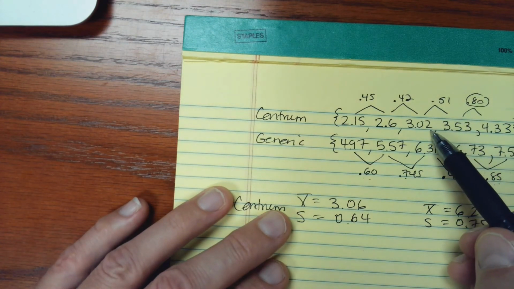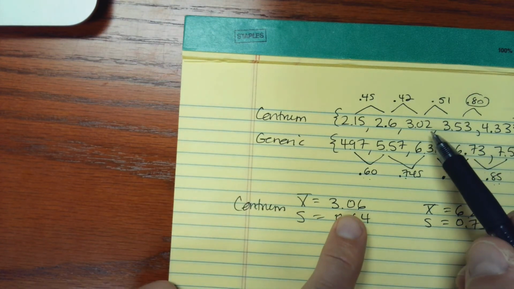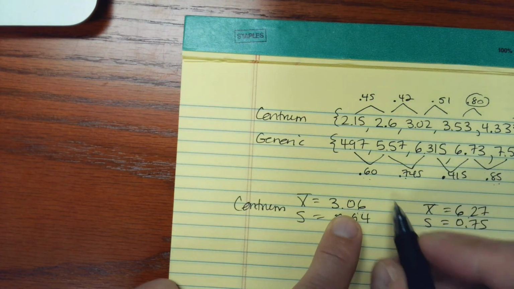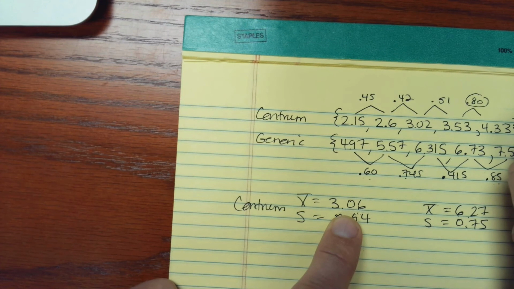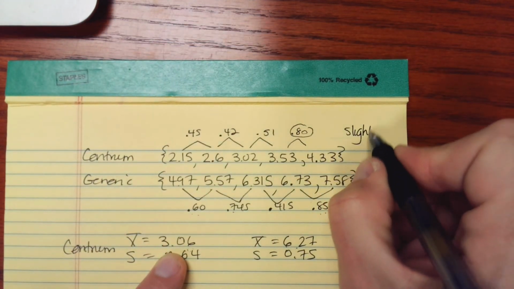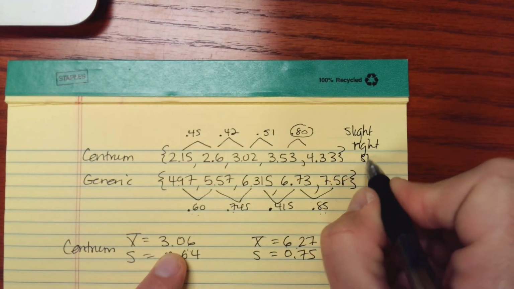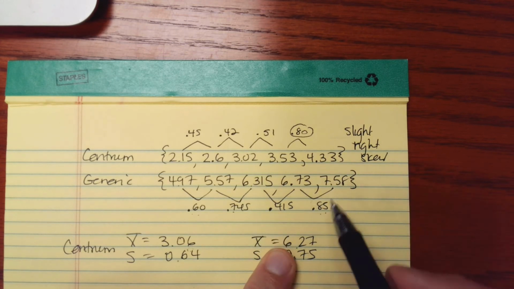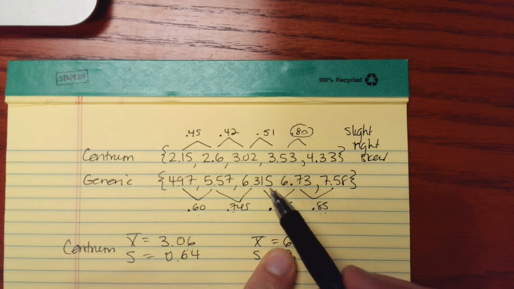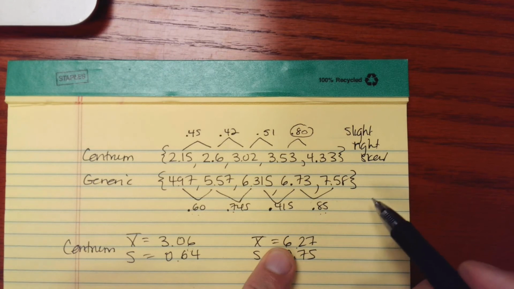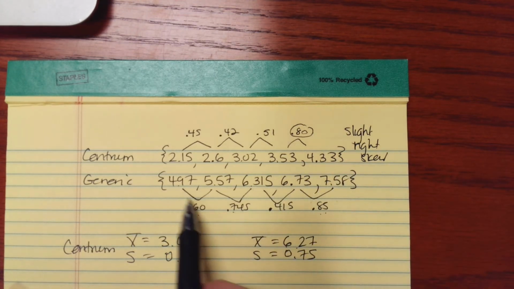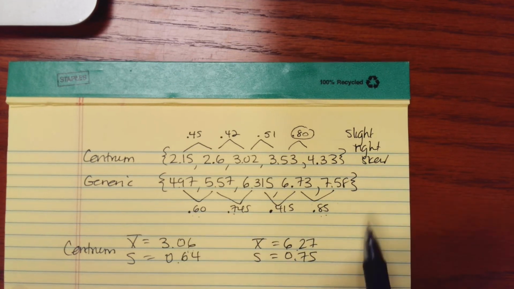So notice actually in the first data set, the mean is a little bit more. So this actually confirms that there might be a slight right skew here. In the generic brand, the mean is actually a little bit lower. So this is not evidence that there's a right skew. In fact, it would be evidence that there was a left skew. But I'm not seeing that in the differences here or in the box plot.